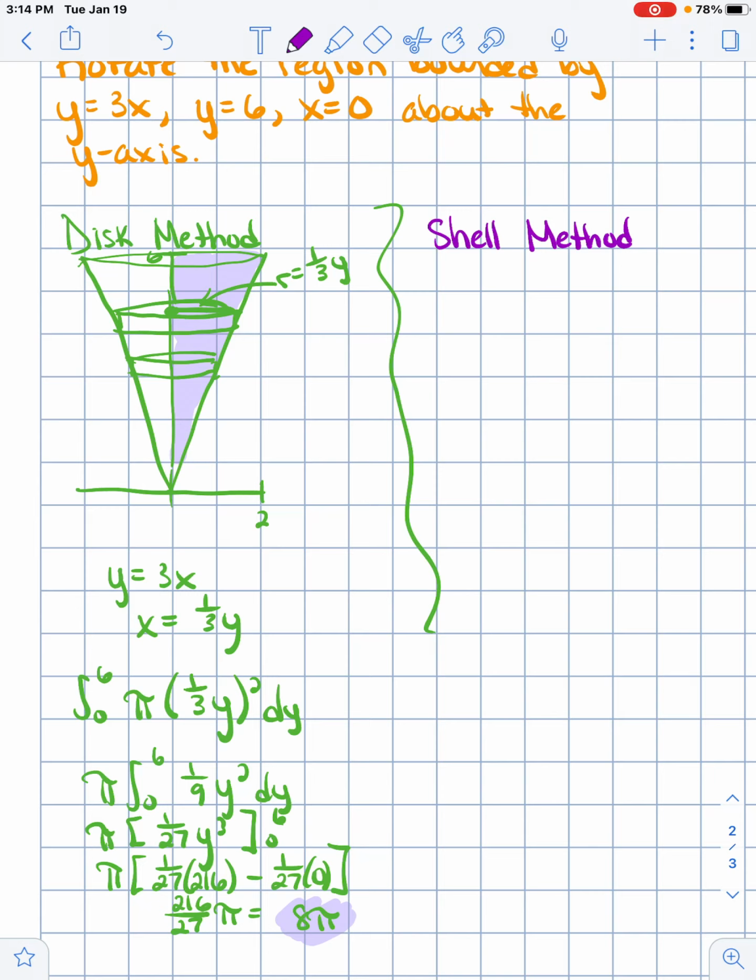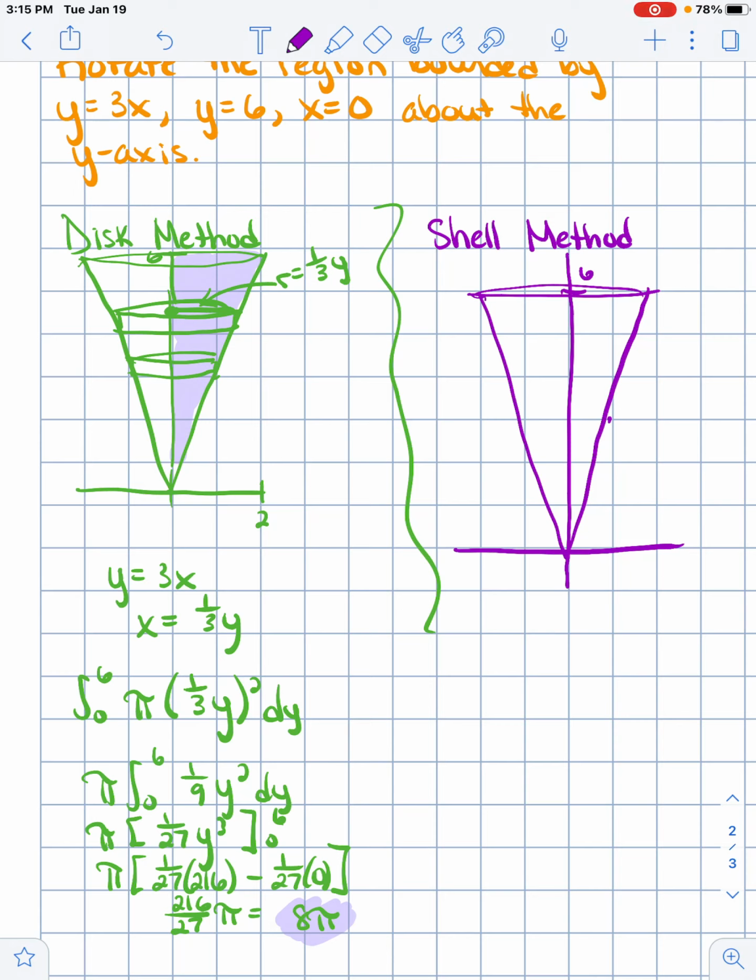So I should have duplicated my image before I drew all over it. Here's 6. Okay.